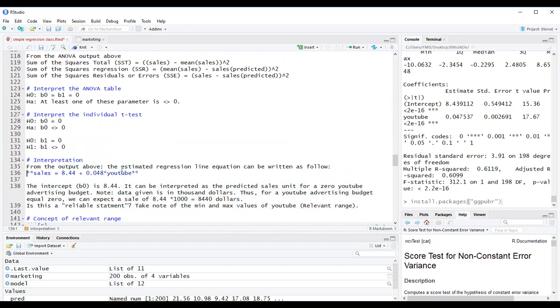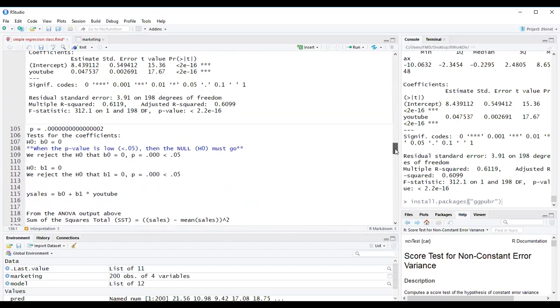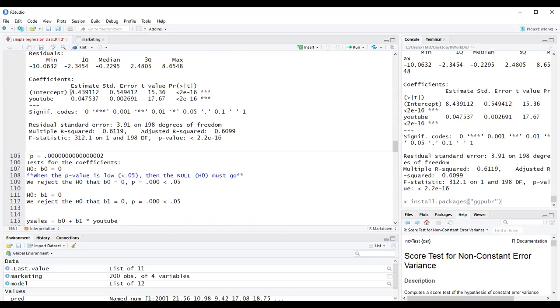So from the output above, the estimated regression line can be written as sales is equal to 8.44 plus 0.048 times YouTube. Okay, where did that come from? 8.44 came from this one, rounded to 2 decimal places. 0.048 is from this one. Why did we include 0.048 in our model?